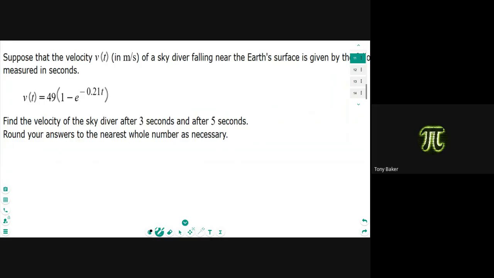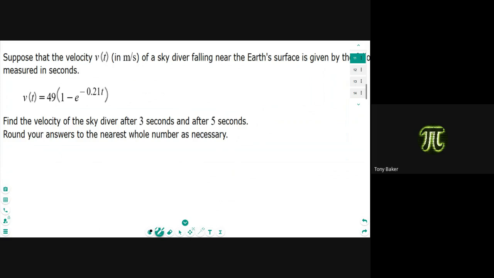All right, so what's the velocity after 3 seconds? 22.9. And then at 5 seconds, 31.9.